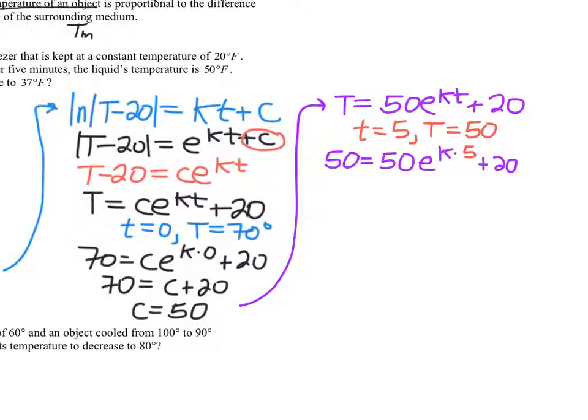All right, so like I said yesterday, you want to clean it up as much as you can in your head, do the arithmetic that way, rather than showing every individual step. So just kind of play it out in your mind. You're subtracting 20, so 50 becomes what? 30. Divided by 50, 3/5. So e to the 5k is 3/5.